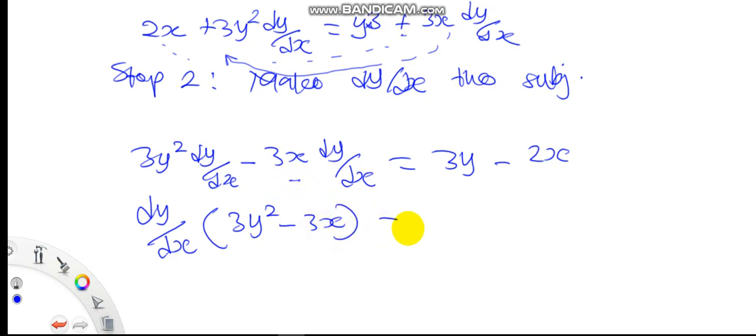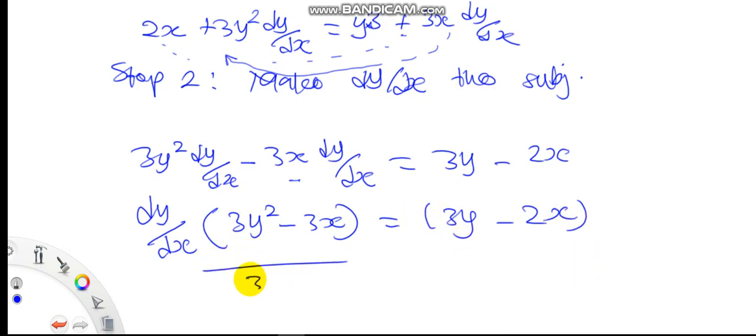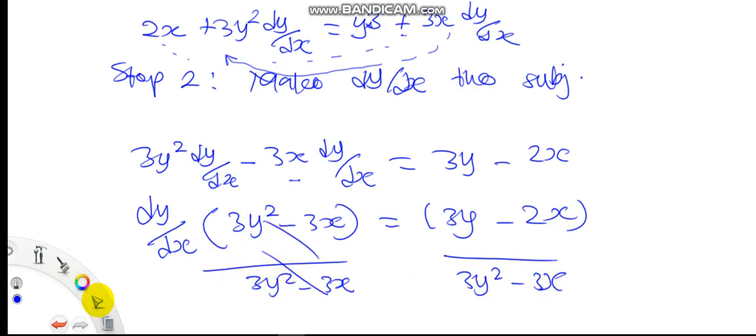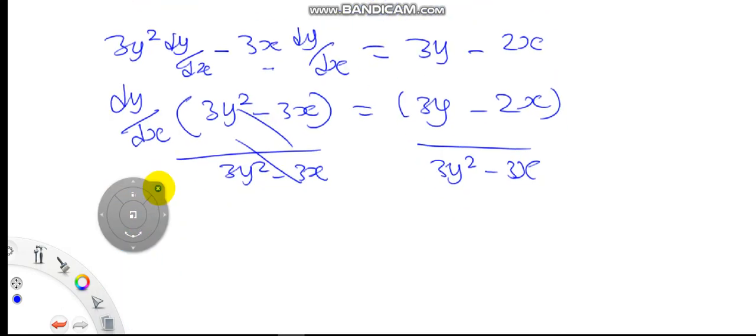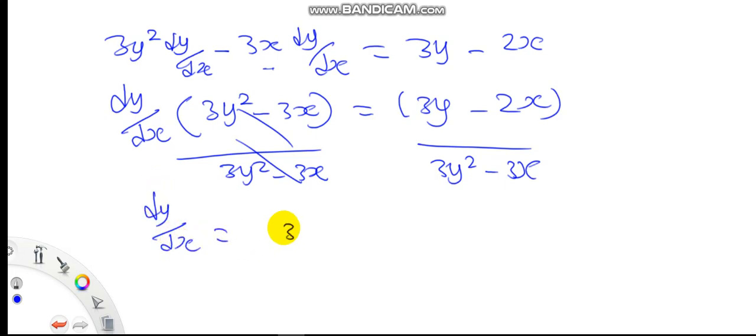Okay, this is equal to 3y minus 3x squared. Okay, so we divide both sides by 3y squared minus 3x, so this cancels. So we have dy/dx is equal to 3y minus 3x squared over 3y squared minus 3x.